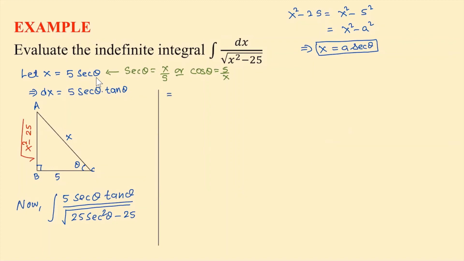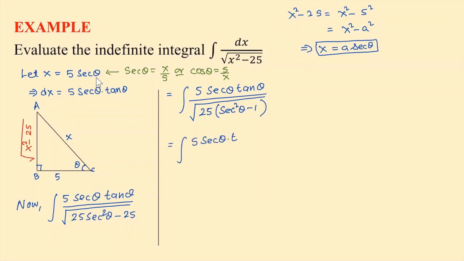This is equal to, in the numerator, 5 secant theta tangent theta. In the denominator, inside the square root, 25 is a common factor. We can factor that out, and we are left with secant squared theta minus 1. I forgot one thing in the numerator.